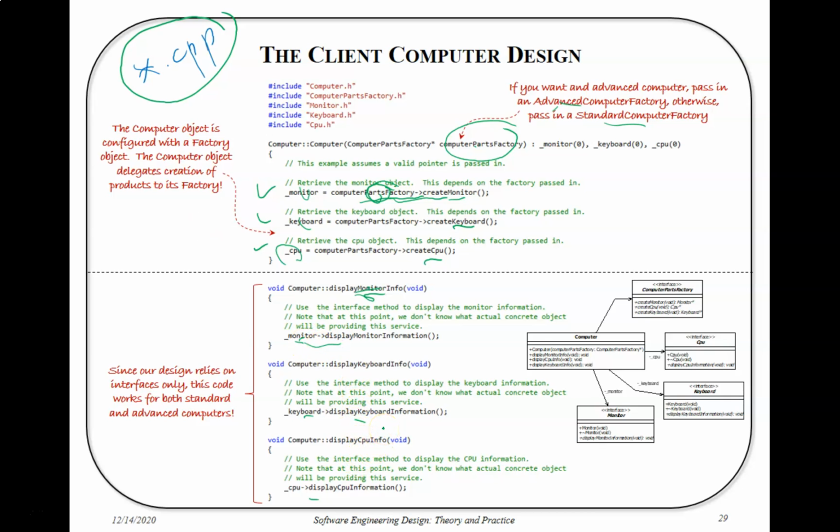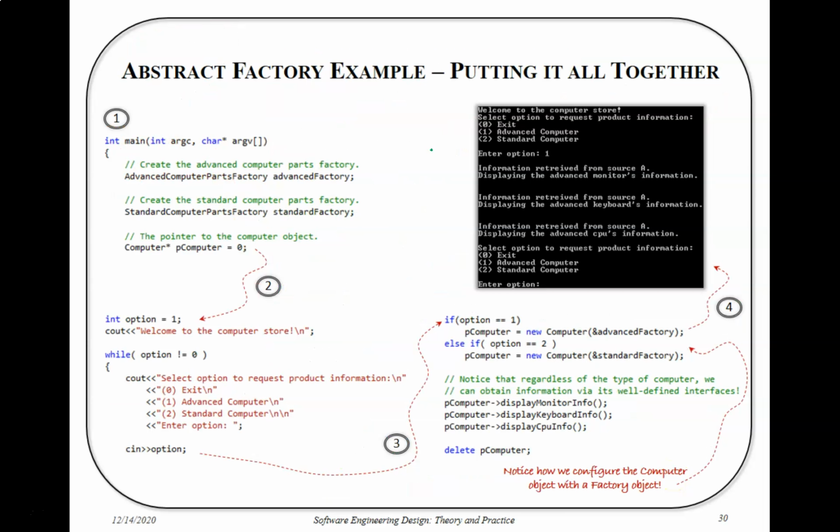So the implementation depends on the concrete class, while the interface is the same. So we don't have to change this part of the code in the client computer. We maintain the same code even though we change the concrete product here, and what we pass here is different. Okay, so this is putting it all together.